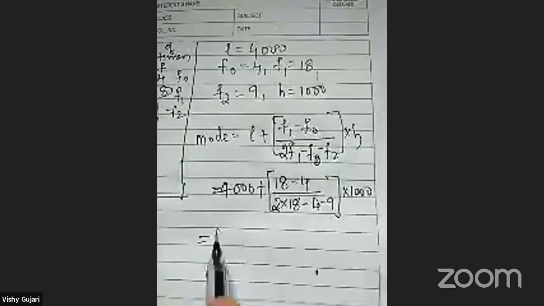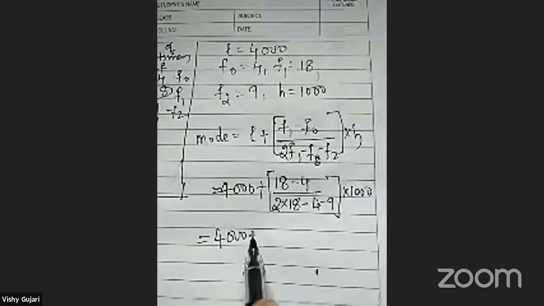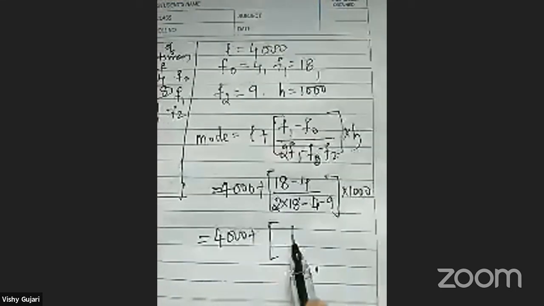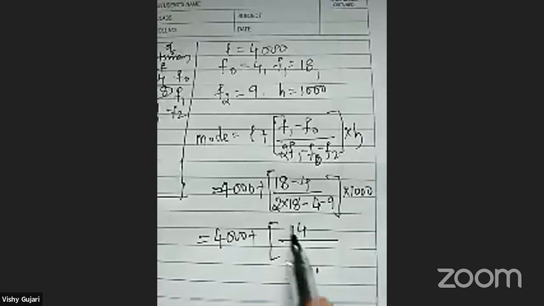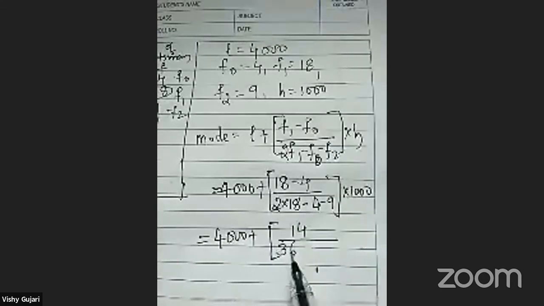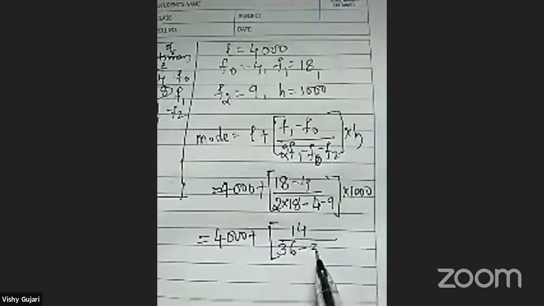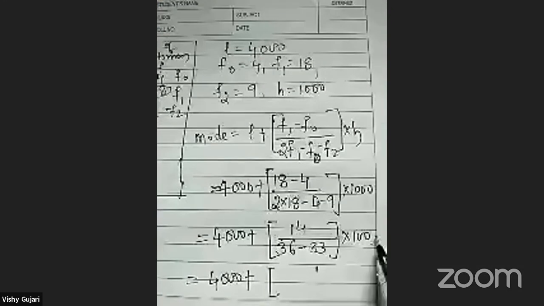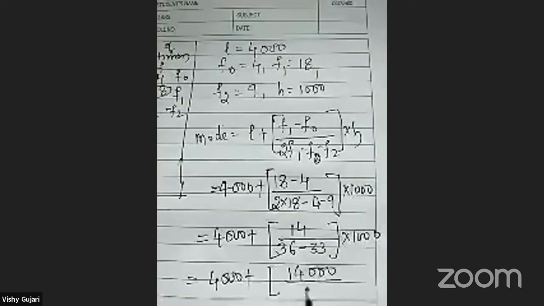That is equal to 4,000 plus 14 divided by 36 minus 13, which is 23, into 1000. 4,000 plus 14,000 divided by 23.